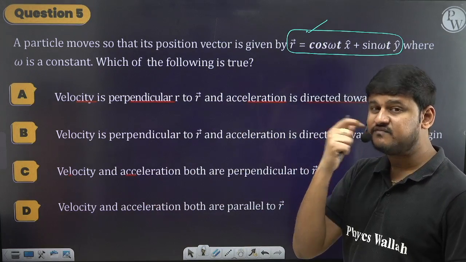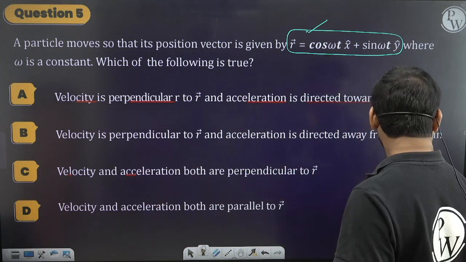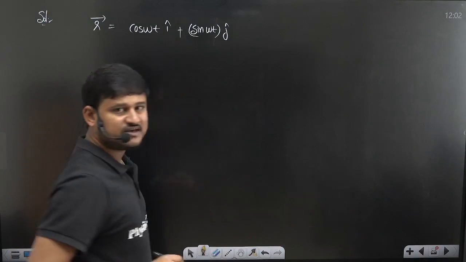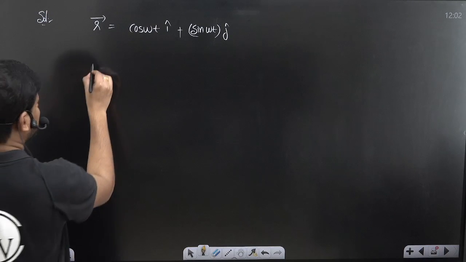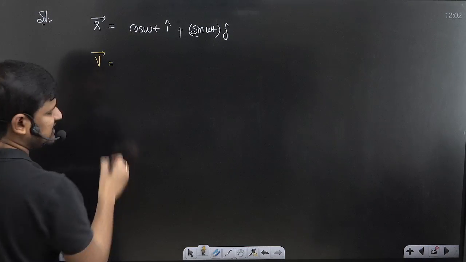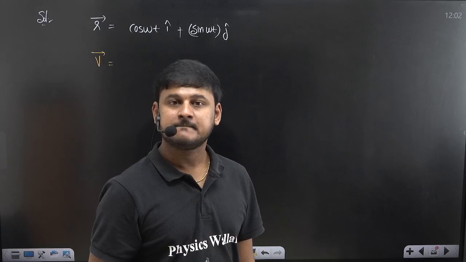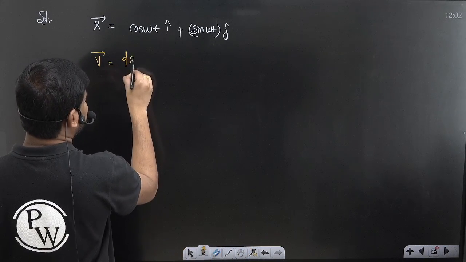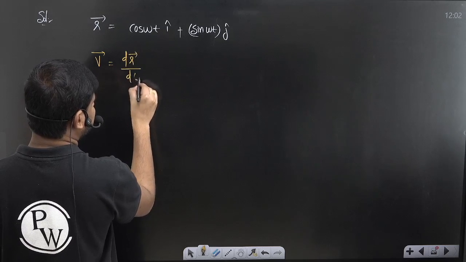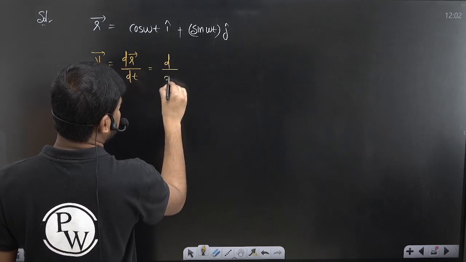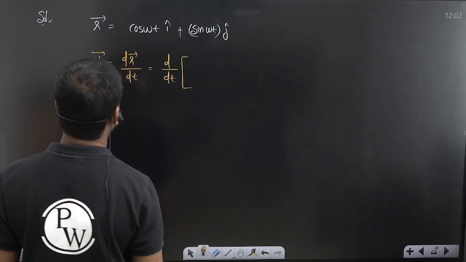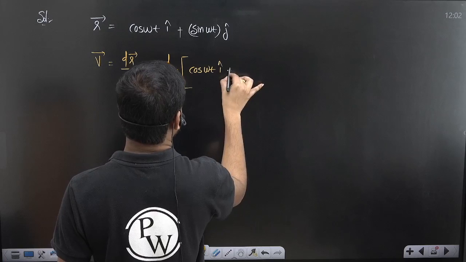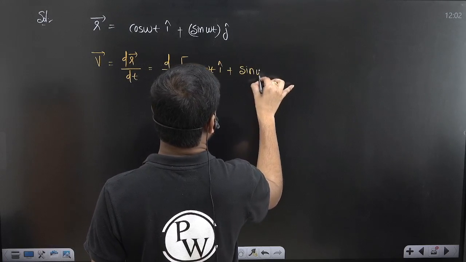What is the relation between velocity and acceleration? I should know. For that, I know the position vector, so can I find the velocity vector? How do you find the velocity vector, guys? Velocity is nothing but the differentiation of position, right? So I am differentiating the position vector with respect to time: d by dt of cos omega t i cap plus sin omega t j cap.